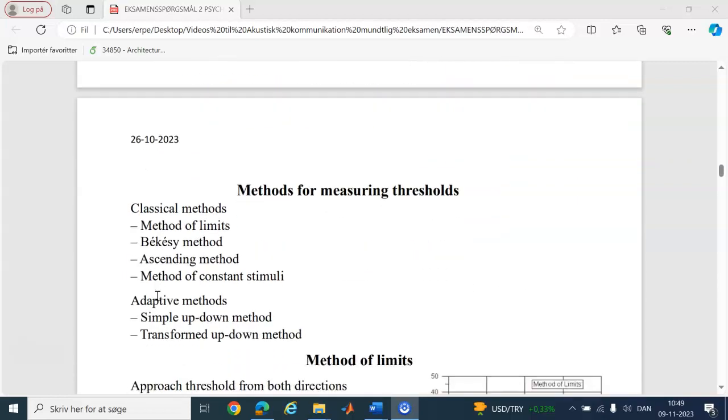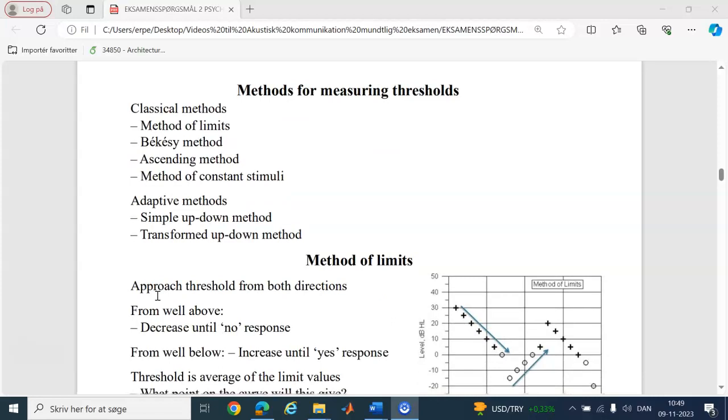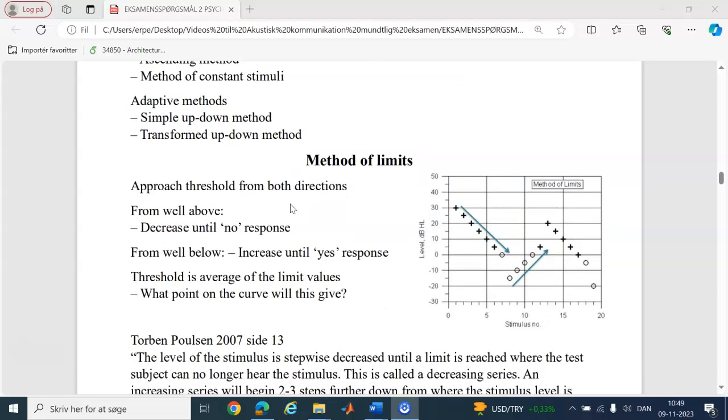Okay, methods for measuring thresholds. There are a lot of things here. Classical methods, methods of limits, Békésy methods, counting methods, method of constant stimuli, adaptive methods, simple up-down, transformed up-down. I can't remember everything, but I can mention some.